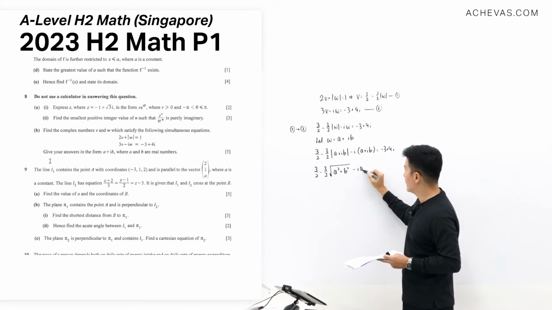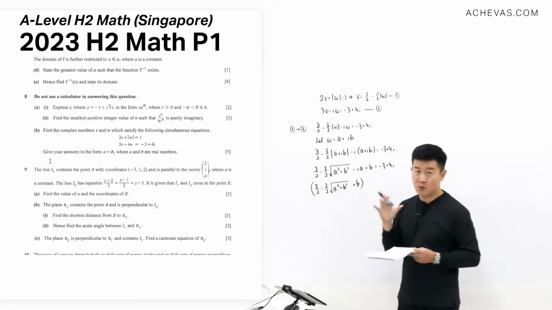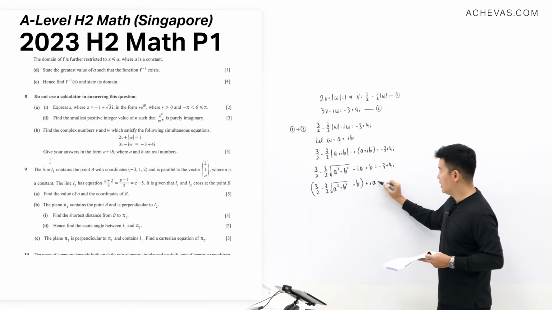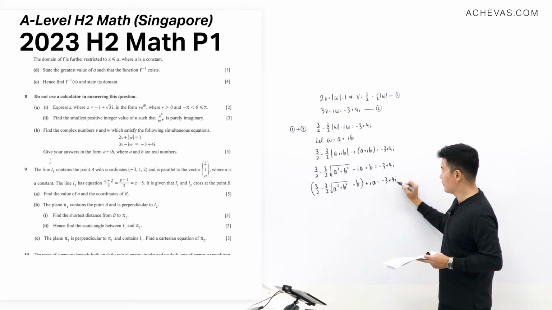So we will have 3 over 2 minus 3 over 2 square root of a square plus b square, which is the real portion of the left-hand side, then minus ia, is negative 3 plus 4i.